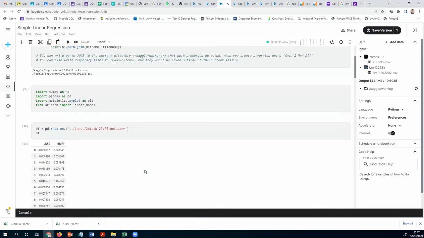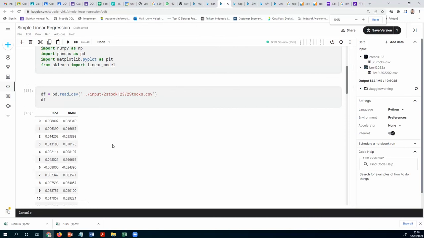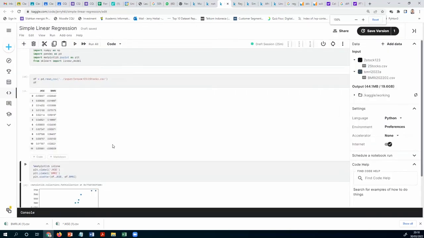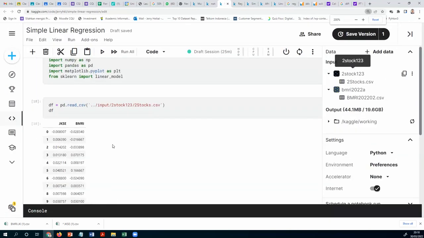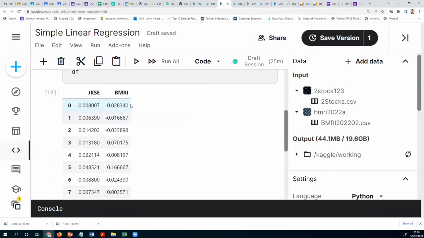This is the Jakarta Stock Exchange data.